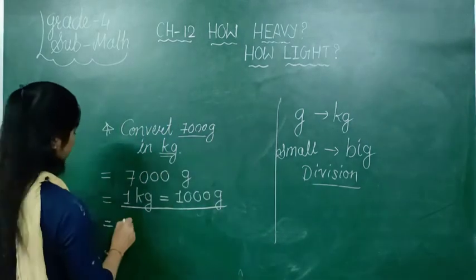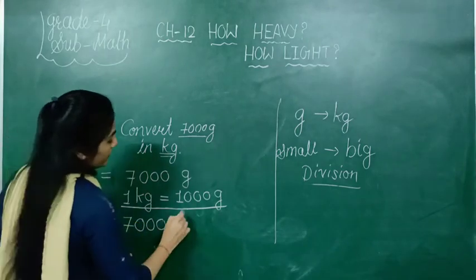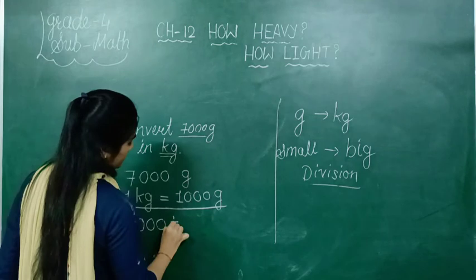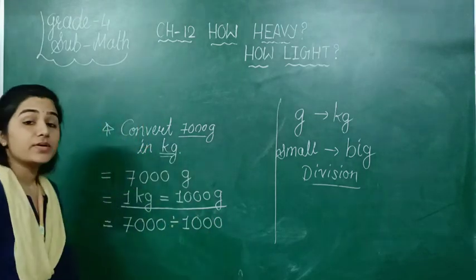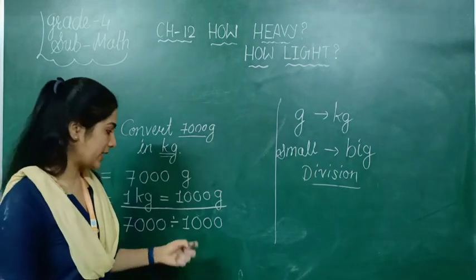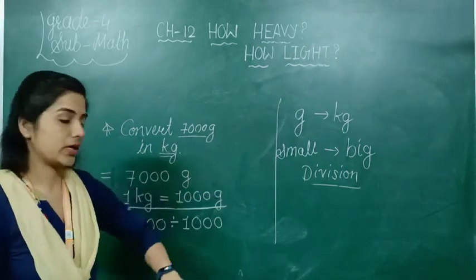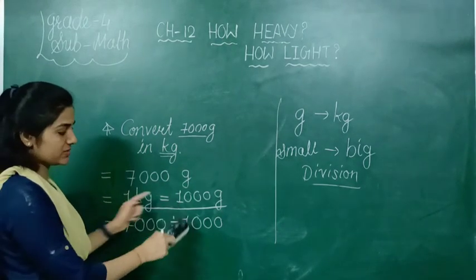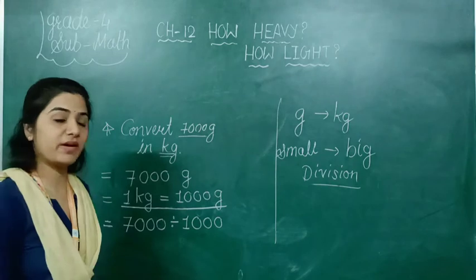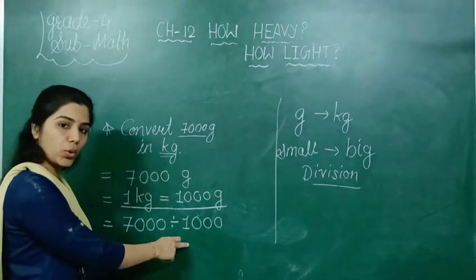That means we will divide this 7000 by this 1000. So why do we have to write 1000 only? Because we are converting small to big, and by using this formula, 1 kg is equal to 1000 gram. That's why we are writing 1000 here, and that's why we are dividing by 1000 only.